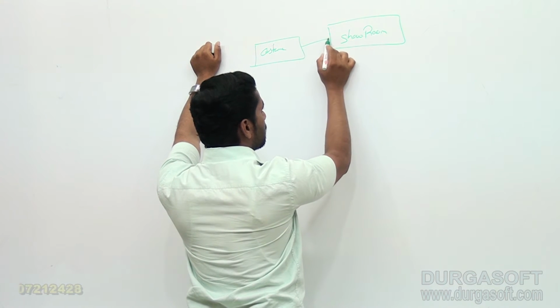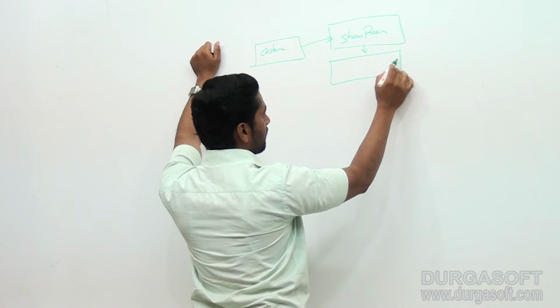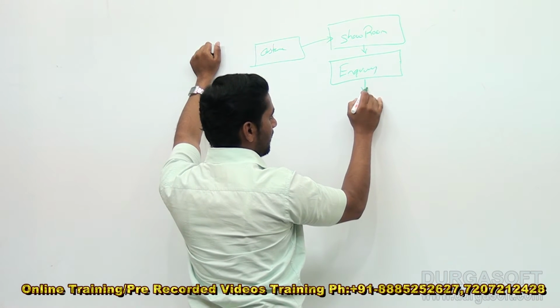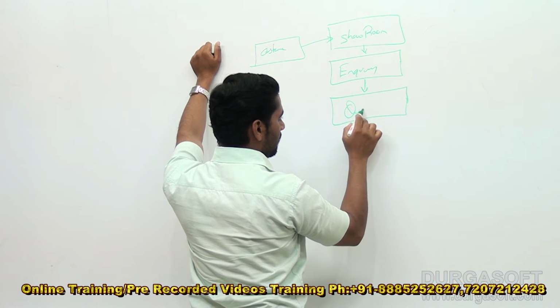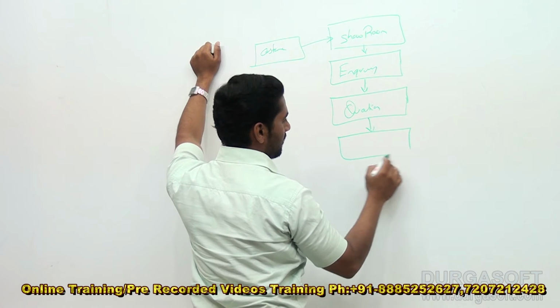When the customer reaches the showroom, they will start doing the inquiry. Then the next step is the showroom guys will provide you a quotation as per your requirement. If you are happy with the quotation, you place the order.